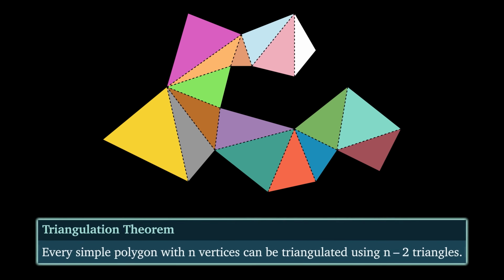To find a lower bound for the number of guards, we have to consider the triangulation of a simple polygon. Triangulation refers simply to drawing of non-intersecting diagonals inside the polygon until it is fully divided into triangles. More specifically, there exists a famous theorem, the Triangulation theorem, which states that any simple polygon with n vertices can be triangulated using exactly n-2 triangles.